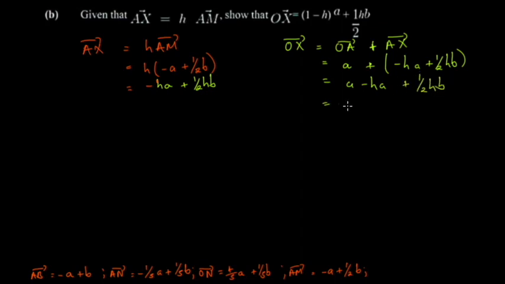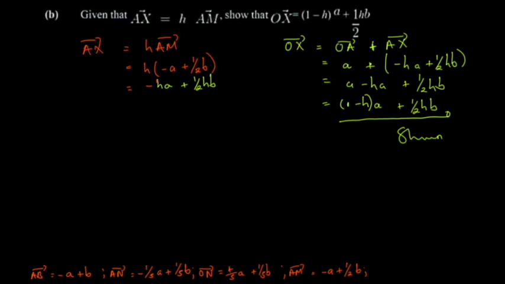So here you get A. Since A is the vector, you have to put it at the end. So 1 minus H, you're factoring out A here, and then this one is simply half HB. So this is it, and you can say shown because they want you to show it. So now you've shown them.